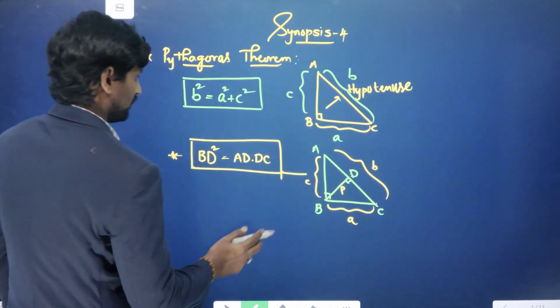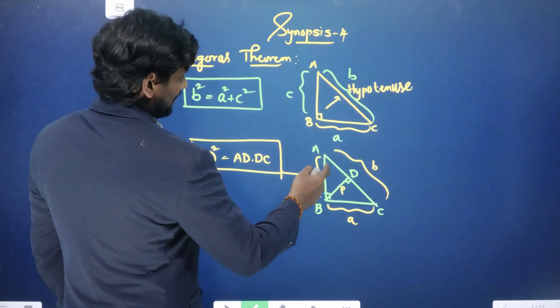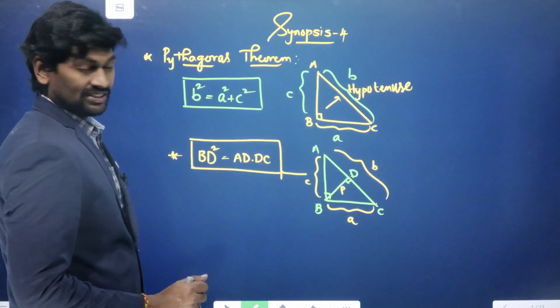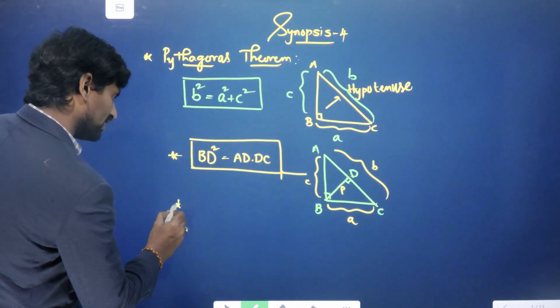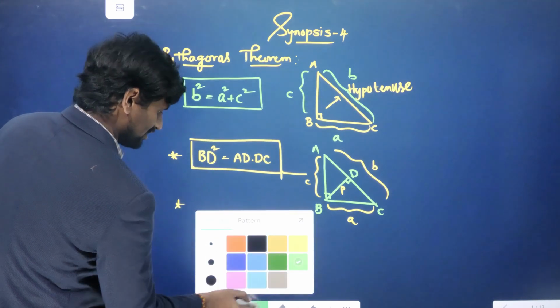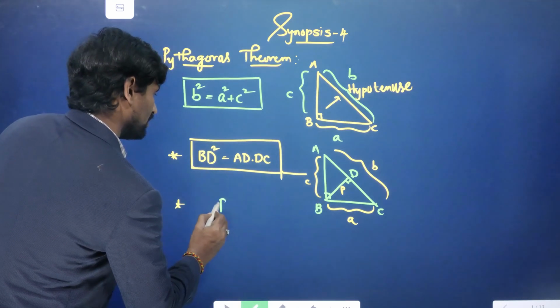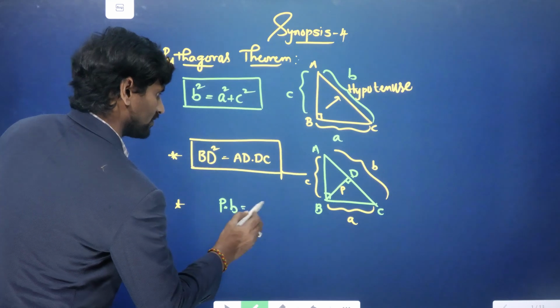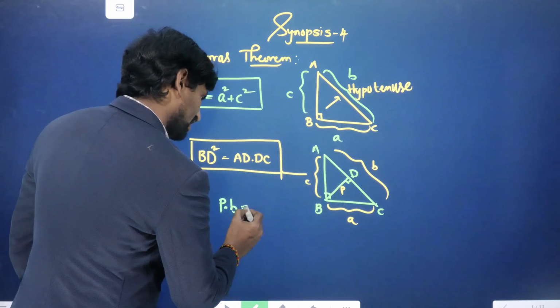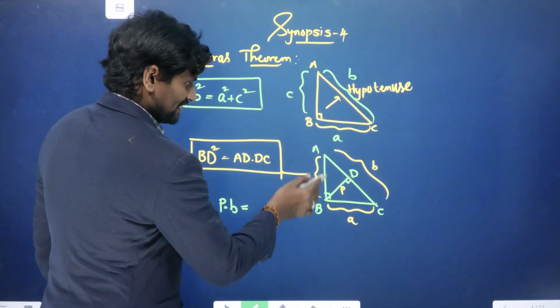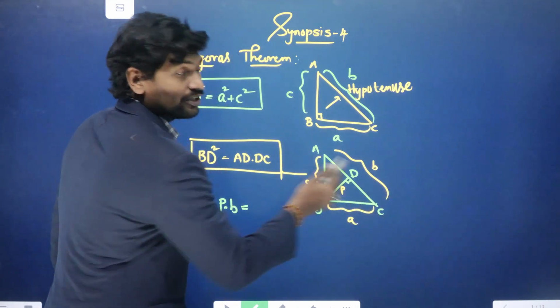So from this we should discuss one more, that is p into b equals a into c. Here one more condition we should discuss. The condition is p into b. That means the length of BD into the length of AC is equal to the length of AB into the length of BC.